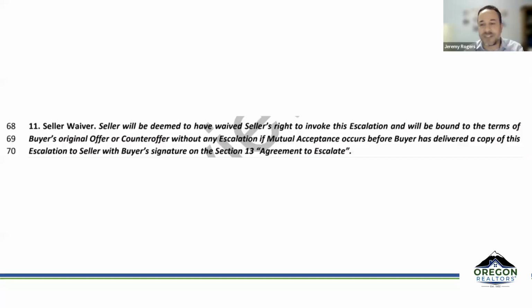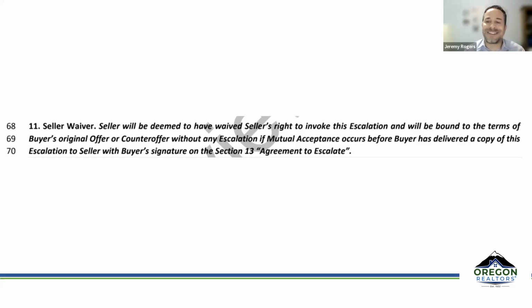So that's going to be in section 13, but section 11 comes first. This is the waiver issue. So we say that seller will be deemed to have waived their right to invoke the escalation and will be bound by the terms of the buyer's original offer if the seller signs the original offer before they have gone through this escalation process.